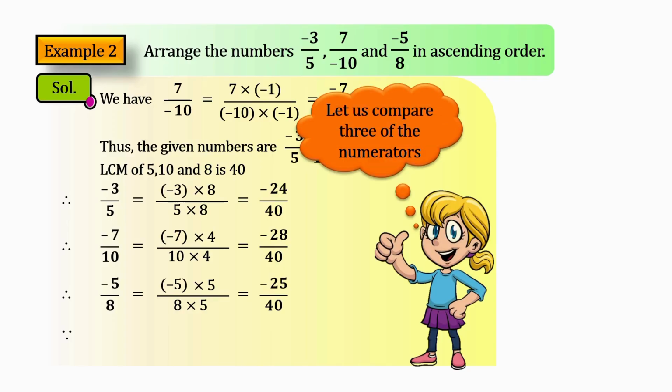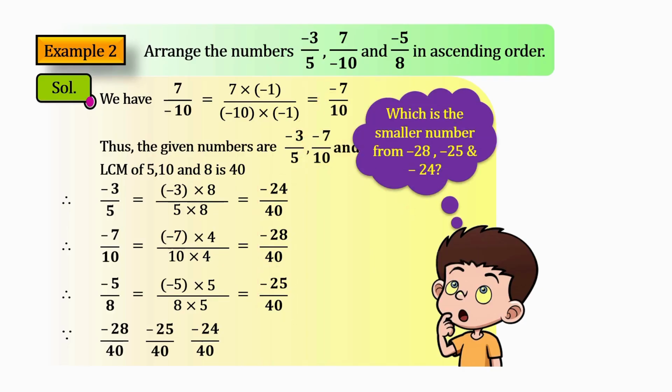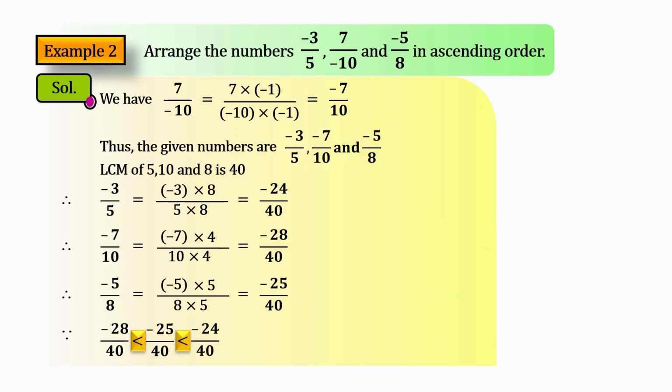Now let's compare the three numerators. Which is the smaller number between minus 28, minus 25 and minus 24? So now we have arranged the numbers in the ascending order.